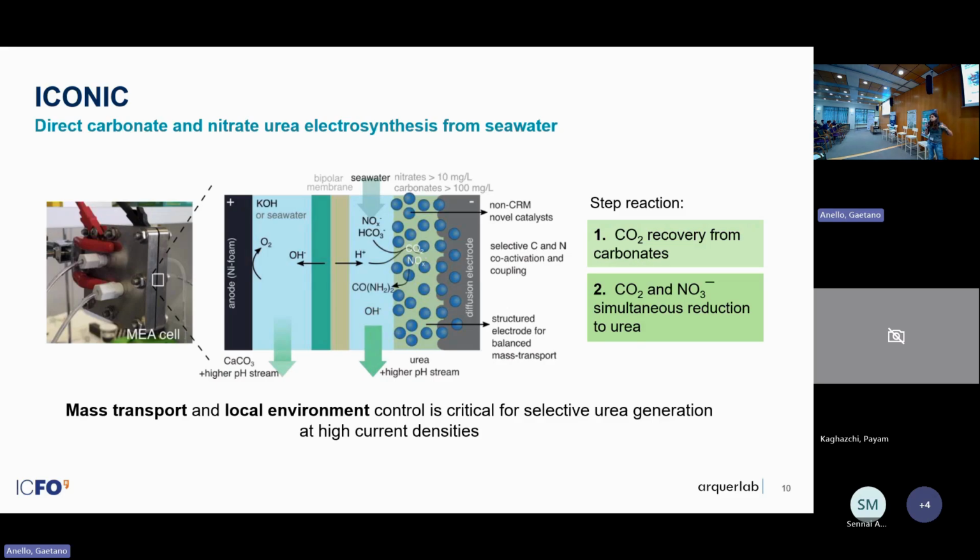That is later reacted with the nitrates, to be co-reduced to urea. So this is the division of the steps in the project that we're going for.